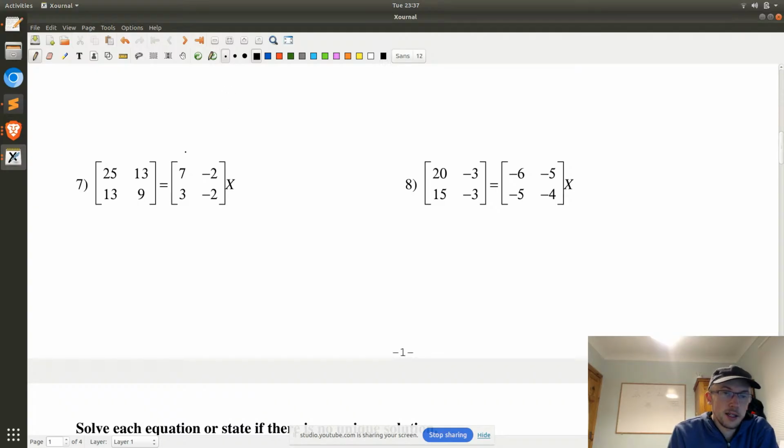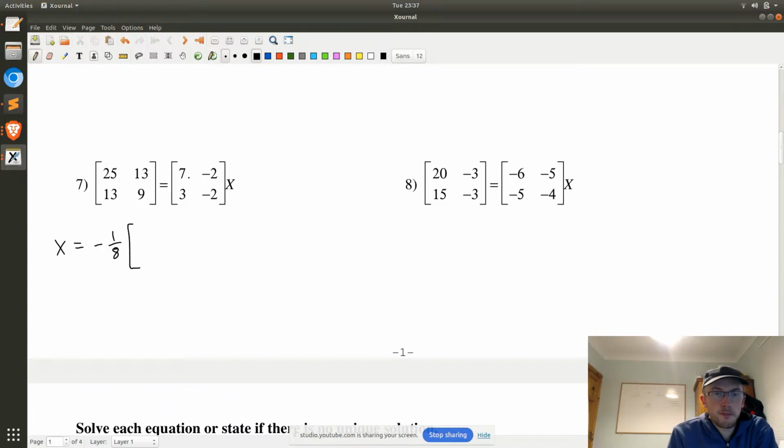Basically, I need to left multiply by the inverse of this. So x is the determinant of this. So what's the determinant of that? Negative 14 minus 6, so negative 14 plus 6, so negative 8. So negative 1 over 8.